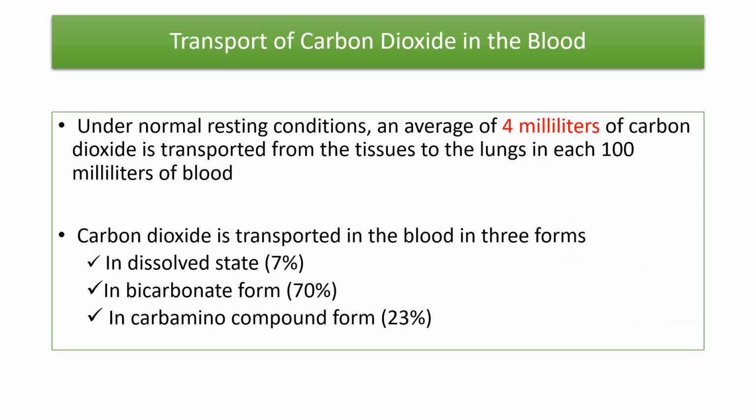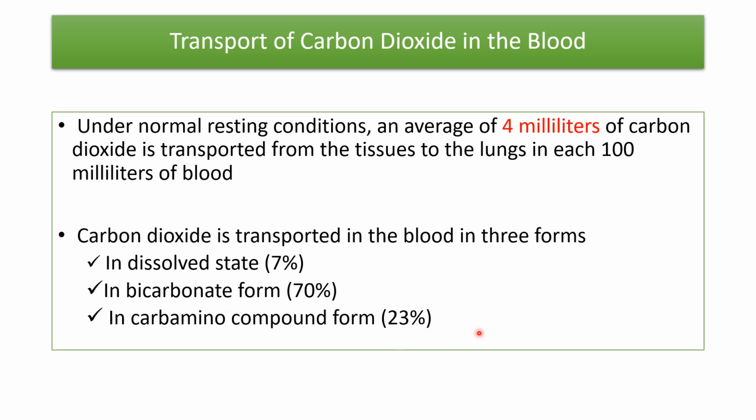Come to the second step, that is transport of carbon dioxide in the blood. Under normal resting conditions, each 100 milliliters of blood can carry 4 milliliters of carbon dioxide, and it carries it in 3 forms. Most of it, that is 70%, is in bicarbonate form.